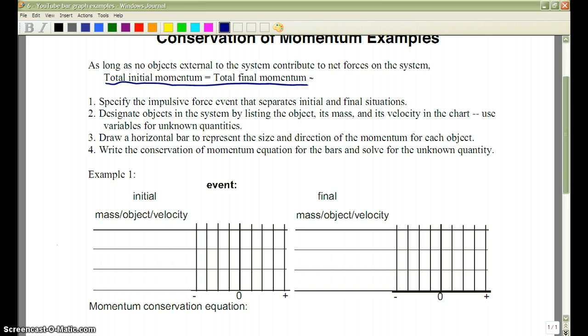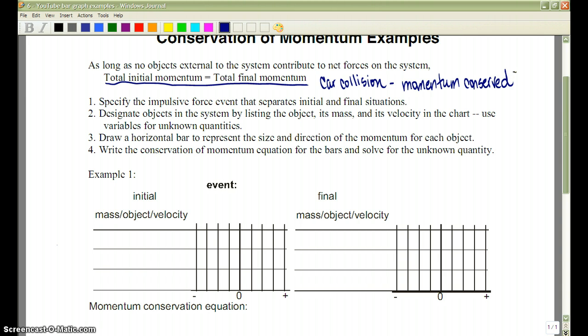This was something we learned during our car collision lab. Regardless of it being elastic or inelastic, we learned that our momentum is always going to be conserved. So that's our basis for this worksheet.